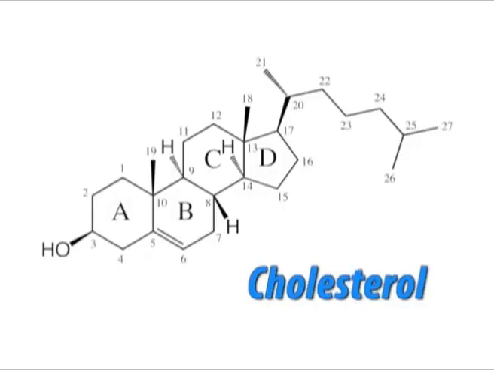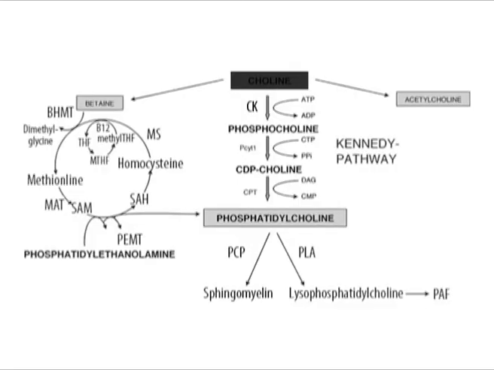Assembly of membrane lipid bilayers in the ER. The ER synthesizes all of the major classes of lipids, including both phospholipids and cholesterol, required for the production of new cell membranes. The major phospholipid made by RER is phosphatidylcholine, also called lecithin, which can be formed in 3 steps from choline, 2 fatty acids and glycerol phosphate.